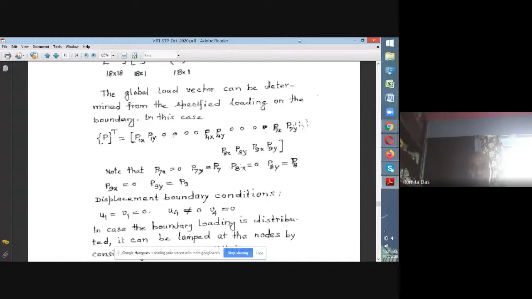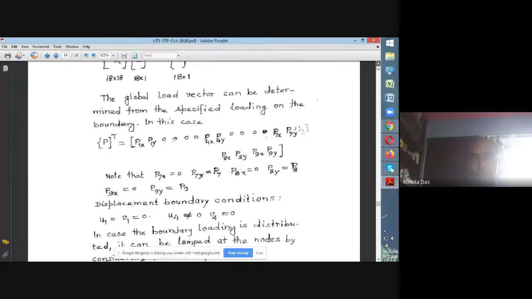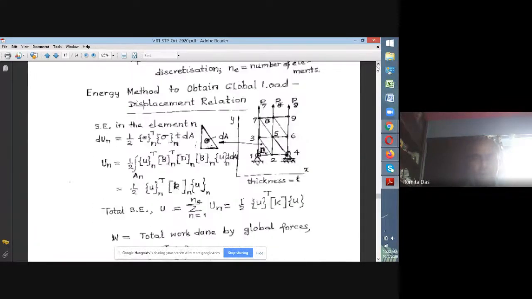I think that's just what I wanted to show. I'll go to the picture and show you what I was trying to say. In this case, your loads are specified already: P7y is P7, P8y is P8, P9y is P9.